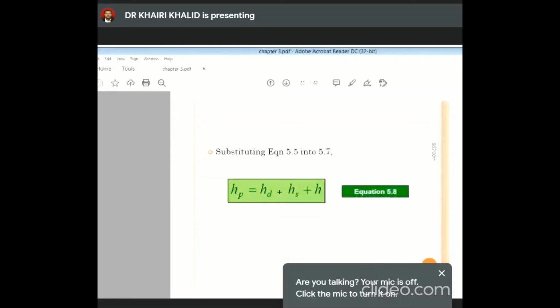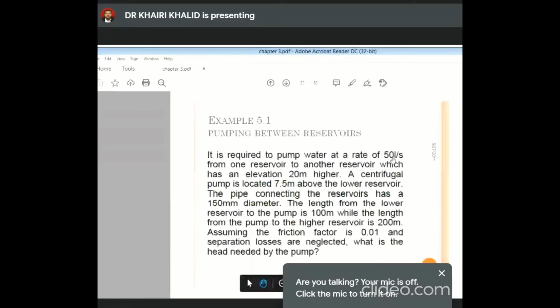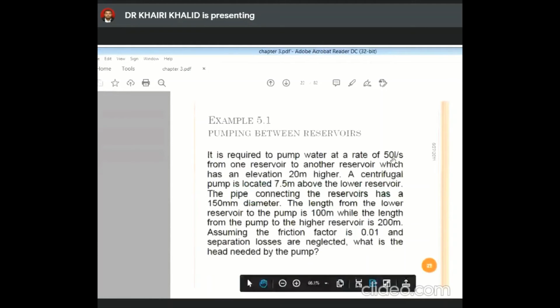It is required to pump water at the rate of 50 liters per second from one reservoir to another reservoir, which has the elevation of 20 meters high. A centrifugal pump is located 7.5 meters above the lower reservoir. The pipe connecting the reservoirs has a 150 mm diameter.